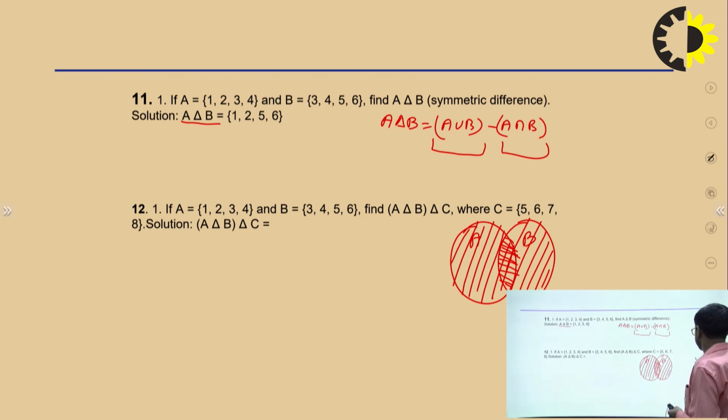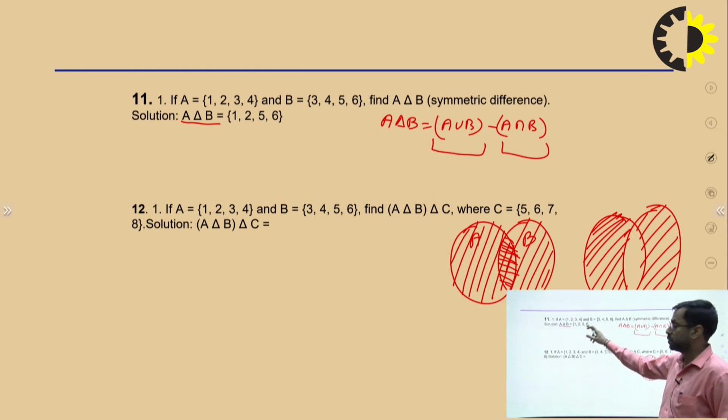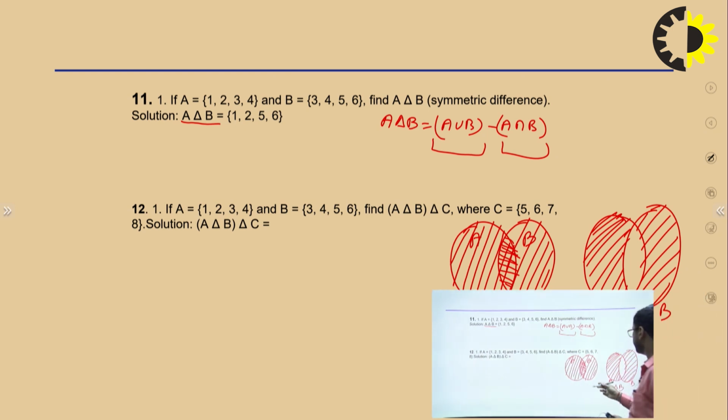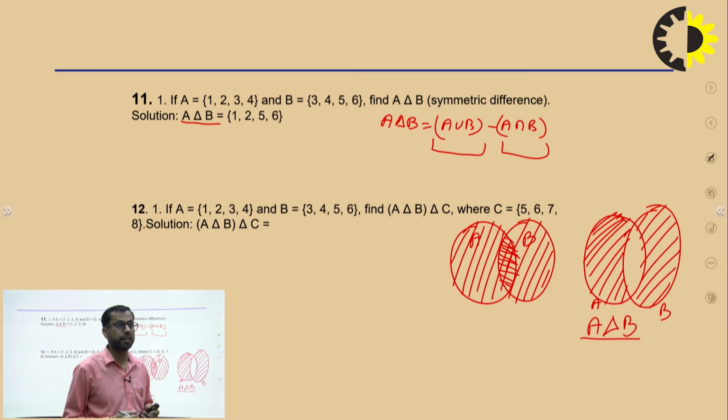So the resultant is just like this, the resultant of A symmetric difference B, where this is A, this is B. So using the operator of the symmetric difference, we will calculate by the Venn diagram which elements will be covered in the symmetric difference.